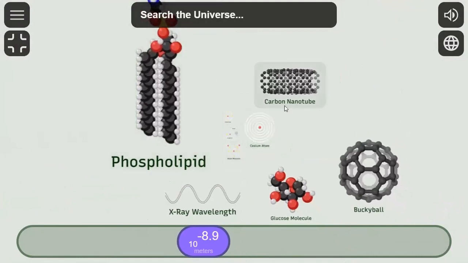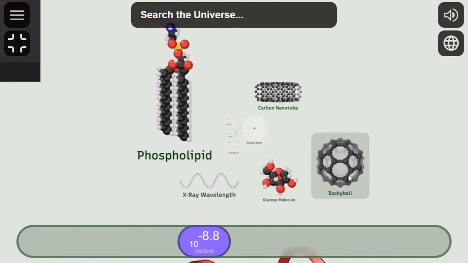Then phospholipids, carbon nanotube, buckyball. Buckyball and carbon nanotube are actually forms of carbon. They are types of fullerene. Fullerene is also a form of carbon, like diamond, graphite, graphene. Fullerene is also one of the allotropes of carbon.